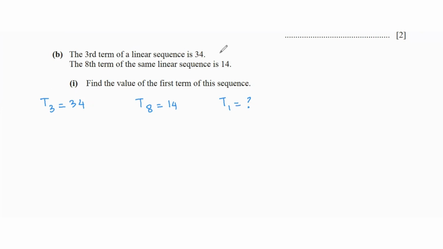Since it's a linear sequence, it has the nth term formula of T1 plus n minus 1 times d. D is your common difference, n is your value of the term, and T1 is your first term.